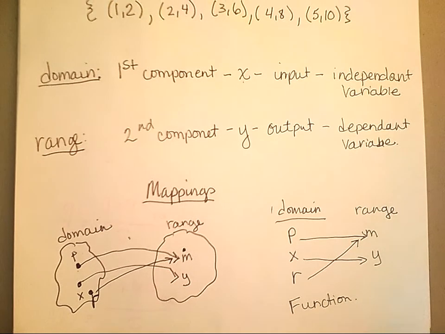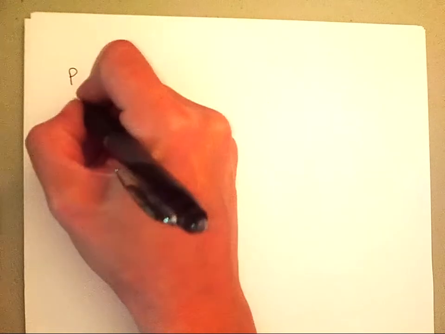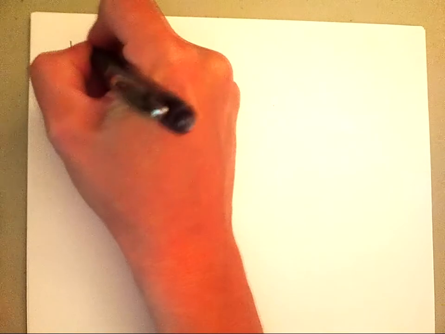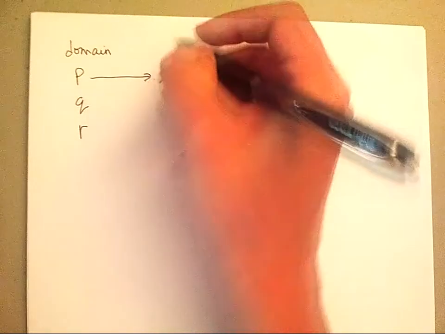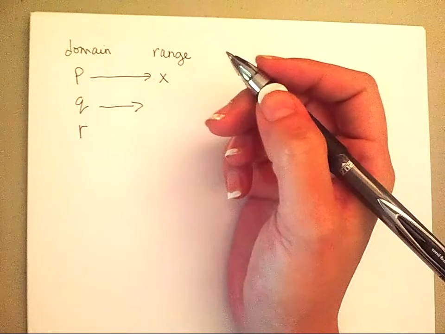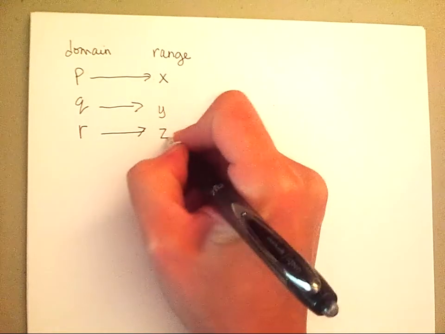Let me just give you some more mappings. Here's another mapping. We could have p, q's, and r's being our domain. If p goes to x, this would be the range. Then q could go to y, and let's say r goes to z.